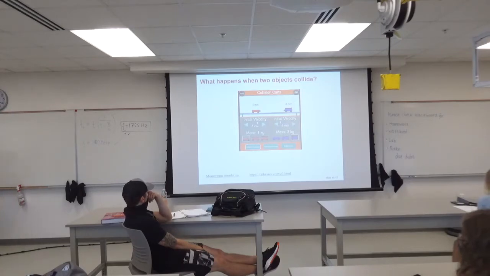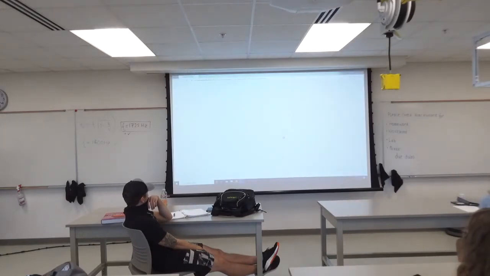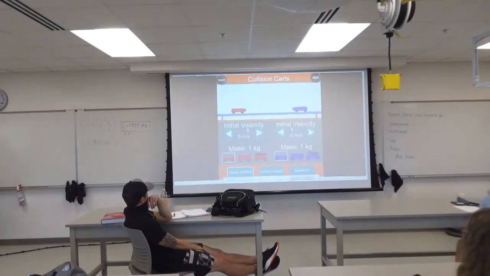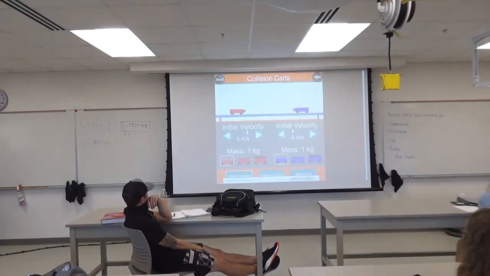One is elastic collision. If it is an elastic collision, they will bounce back, right? That's what you saw in your Physics 1. So if they are hitting each other elastically, here is an elastic collision.